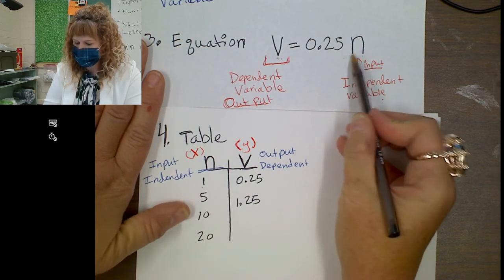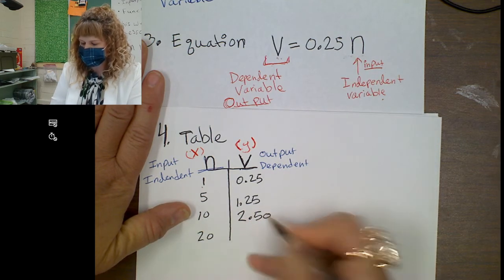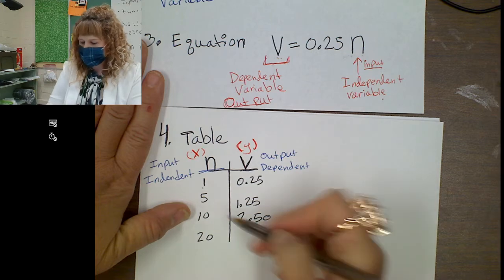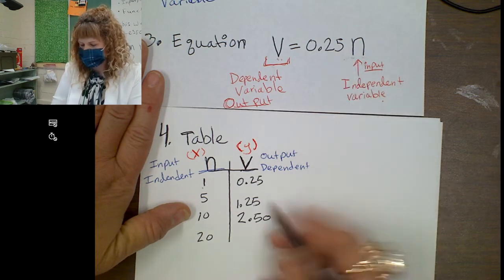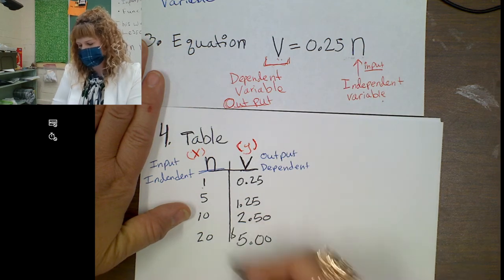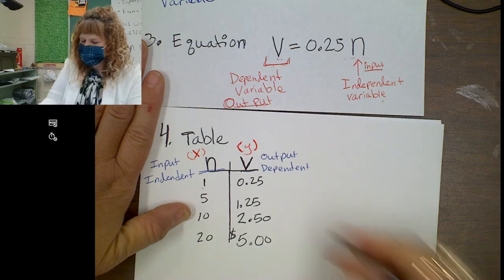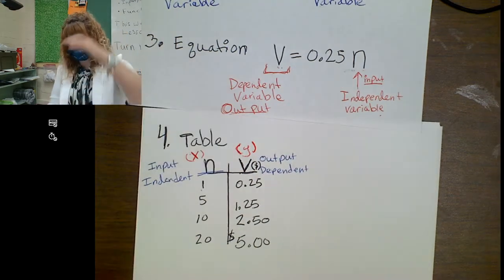If I put in N equals 10, I get V equals $2.50. If I input N equals 20 quarters, I get $5. Normally, we would put the dollar sign in the top of the table.